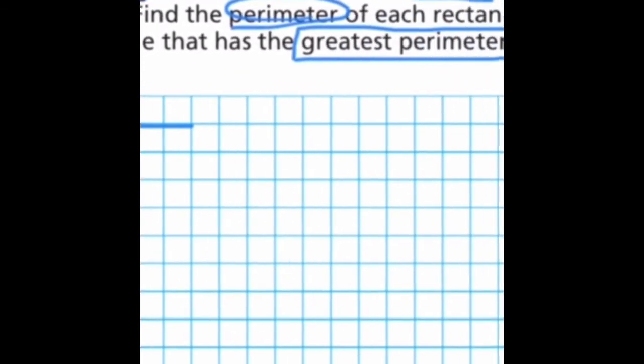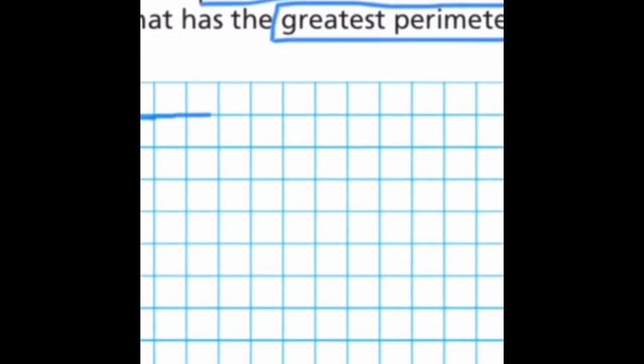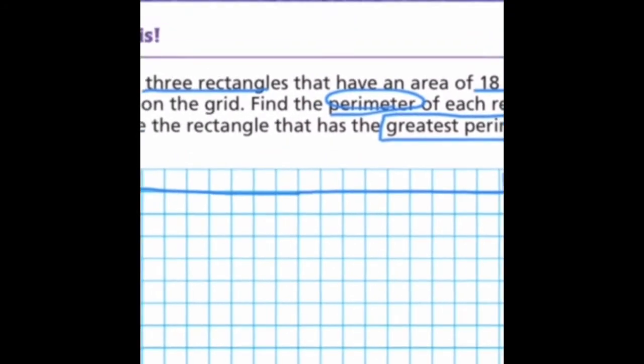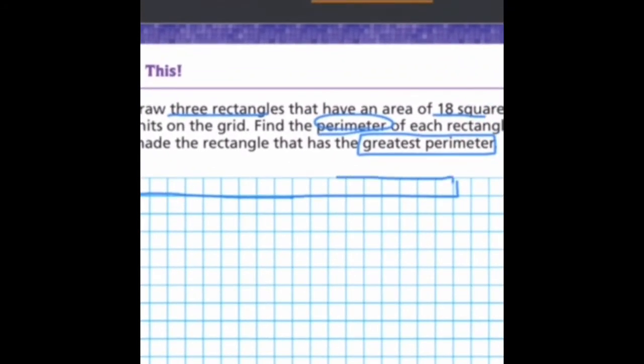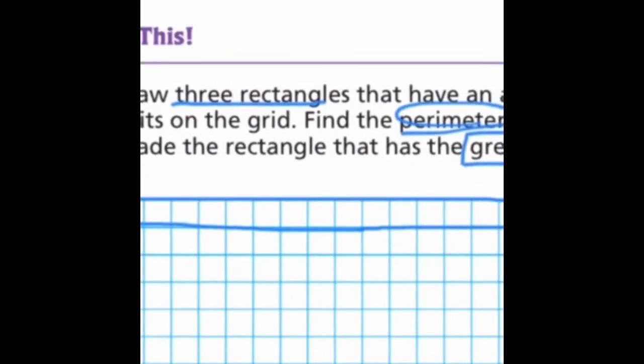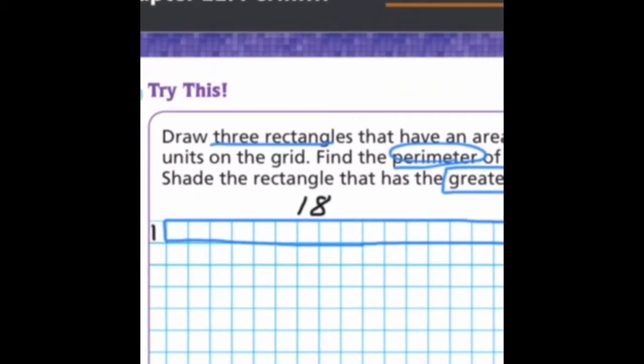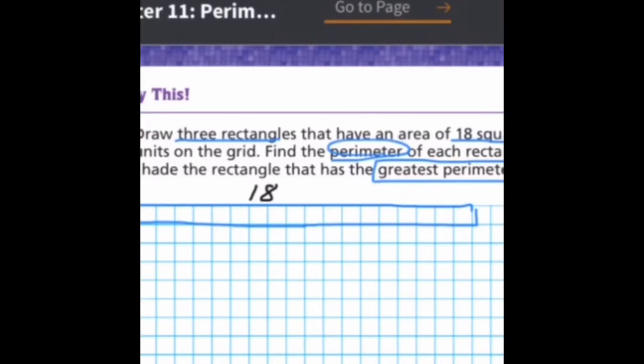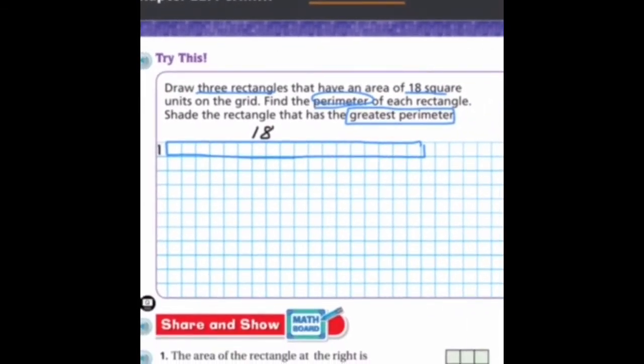1, 2, 3, 4, 5, 6, 7, 8, 9, 10, 11, 12, 13, 14, 15, 16, 17, 18. Okay, maybe just a little off on my drawing, but that is all right. So there's my rectangle, and its measurement, 1 by 18. So 1 times 18 gives it an area of 18 square units, looks like.